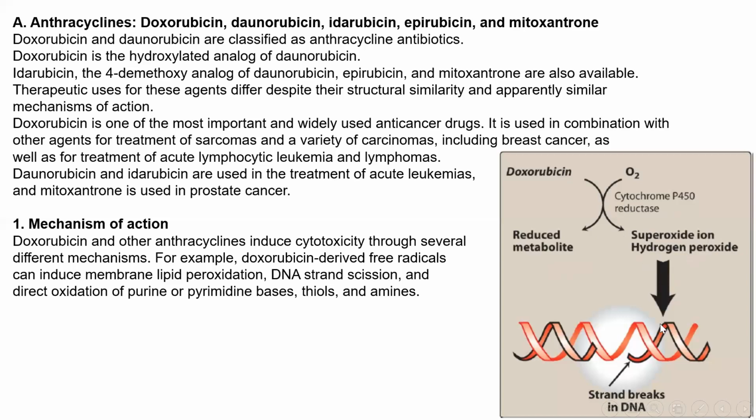These are responsible for DNA scission or breakage, and also for membrane lipid peroxidation and direct oxidation of purine or pyrimidine bases such as thiols and amines. So in general, these drugs generate free radicals or reactive oxygen species, and these are responsible for breakage of the DNA strands.